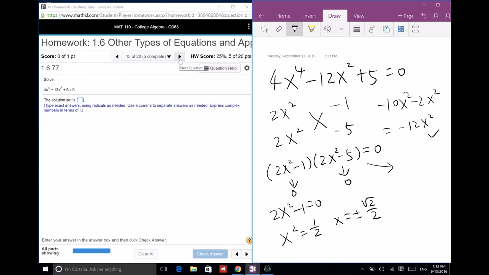This one, you got 2x squared equals 5. Then x squared equals 5/2. Then x equals positive negative square root of 5/2. Then you rationalize it, equals positive negative square root of 10 over 2. Okay.